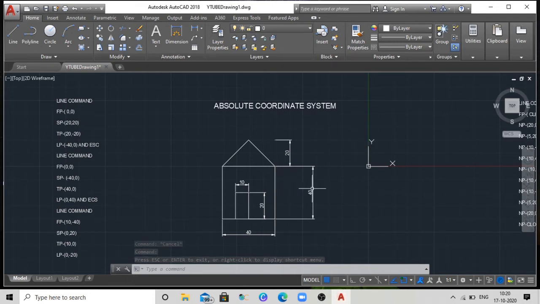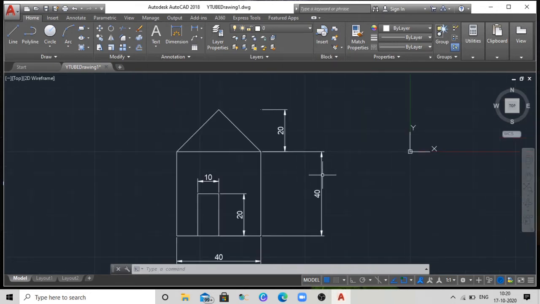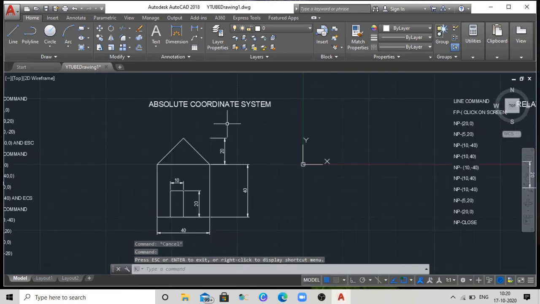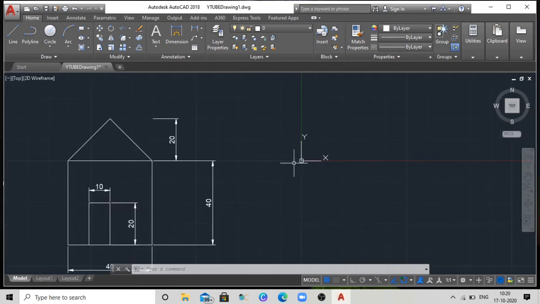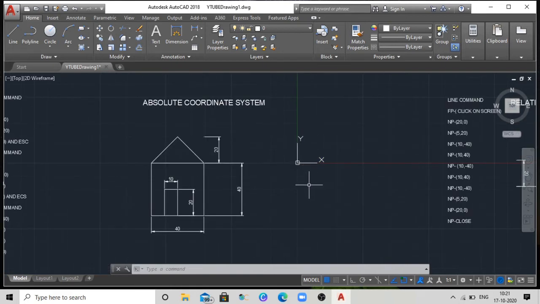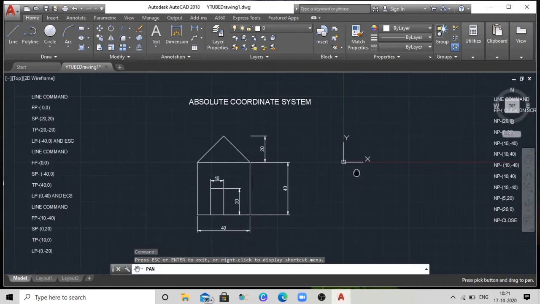So I will draw an example for you so you will understand how this coordinate system works. Basically, the absolute coordinate system is the distance of x and y measured from the origin. So we will start.